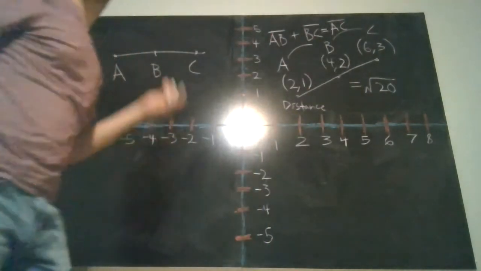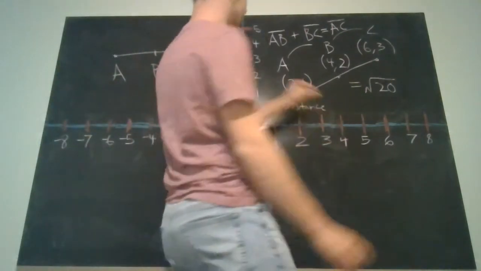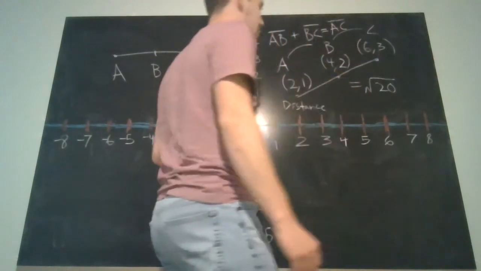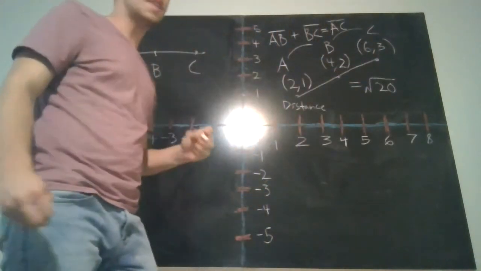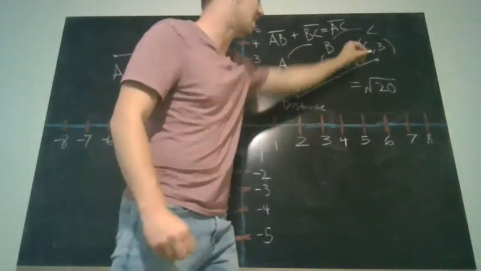And also the fun thing about midpoints is it's equal distance from this point and from that point. Meaning, the distance from this to that is half the distance from this to that.